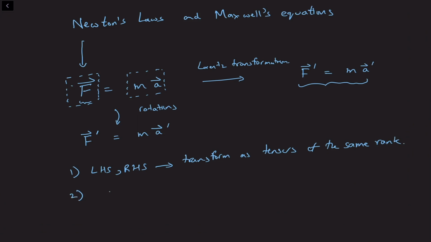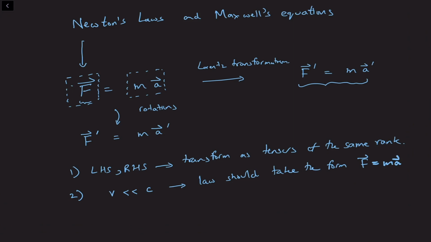So in the limit where the speed of the objects that we're looking at is much smaller than the speed of light, the law should take the form F is ma. Okay, in that limit.